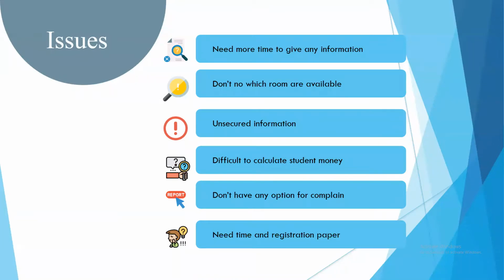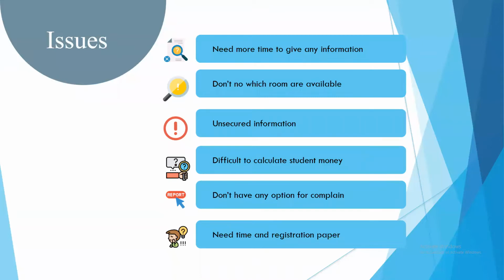Next, an employee cannot do multiple tasks at a time. When customers want to know any kind of information about the hostel, the employee takes more time to give information. It's a big issue that I can find.